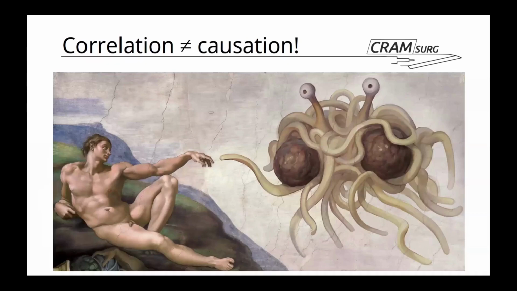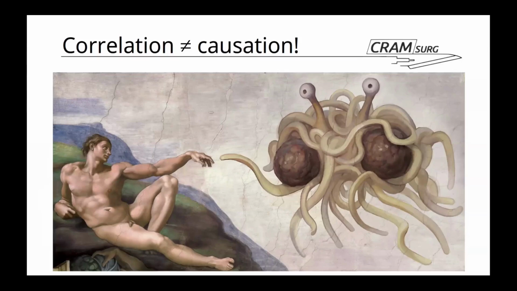A final point, I've explained this picture last time. Correlation and causation are not the same thing. You can look this up if you search Pastafarianism online. It has to do with a, let's call it a pretend religion, a satirical religion.